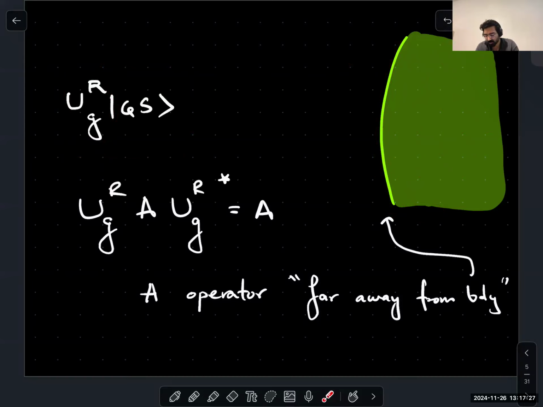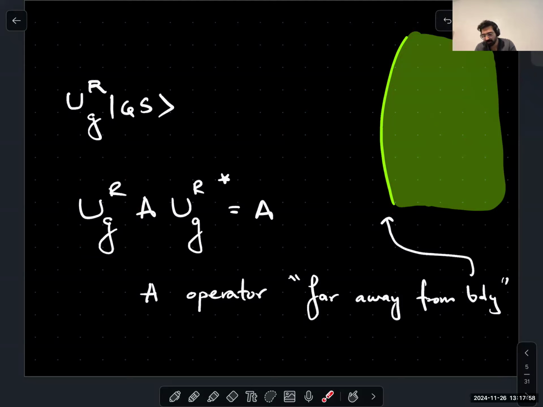Notice that if an operator is really far away from any boundary effects that might come into play, then this symmetry action basically acts as identity for such an operator, and the conjugation is equal to A. Now, if the operator is near the cut, then you no longer get that.